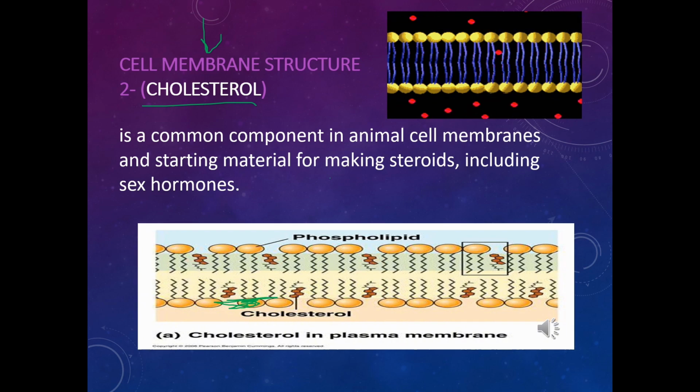It makes the steroids, and these steroids make many different structures in your body, such as the sex hormones. This is actually the good cholesterol, but we have a bad cholesterol. The bad cholesterol is the one that blocks the arteries, and it causes a lot of health complications, and we'll be talking about this part as well.